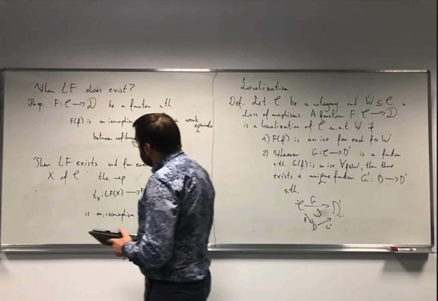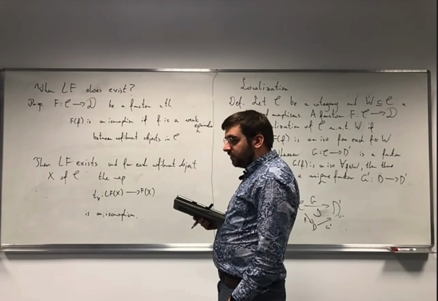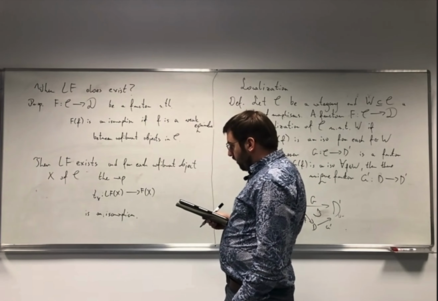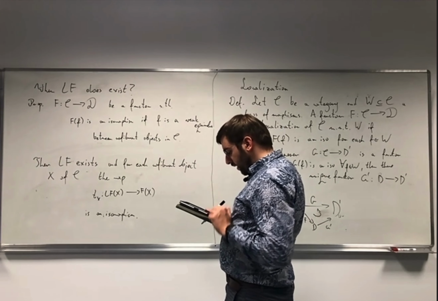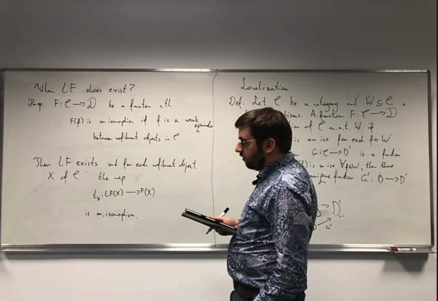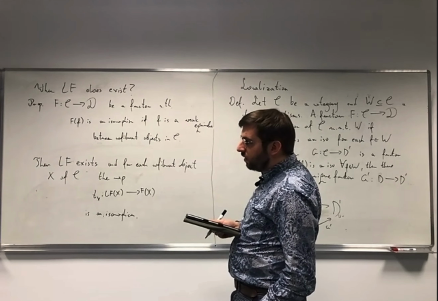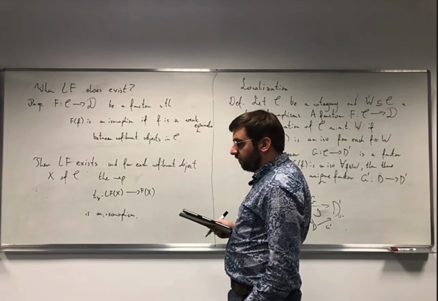Okay, so this gives us an answer for when the left derived functor exists. And once again, I'm not defining here the right derived functors, but this will be a completely dual notion to the left derived functors.